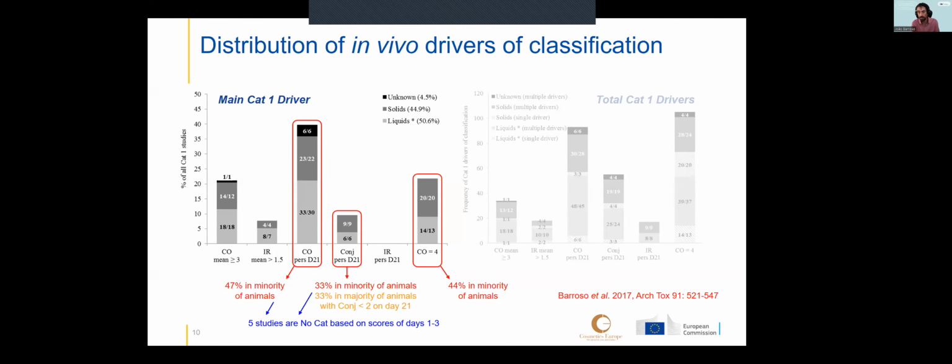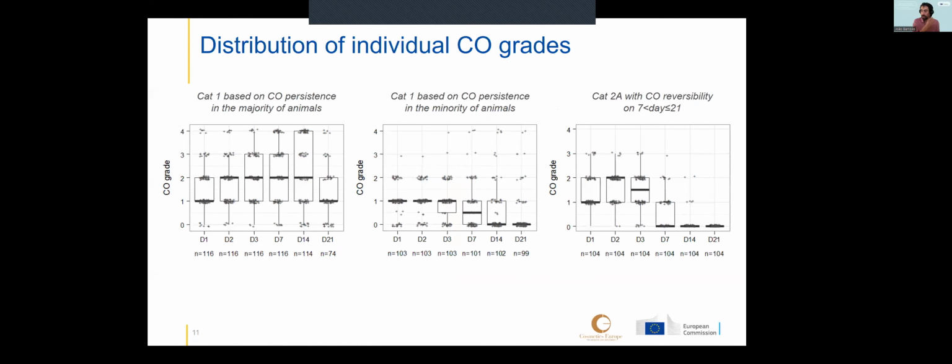And I'll come back to this now on this slide. So what we then did was to look at the distribution of individual corneal opacity grades for the category 1 chemicals classified based on persistence in the majority of the animals, against those classified cat 1 based on persistence in the minority of the animals in the middle panel, and on the right hand, the category 2A chemicals.